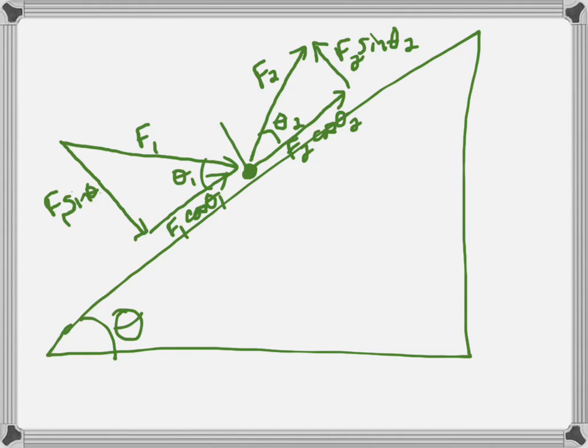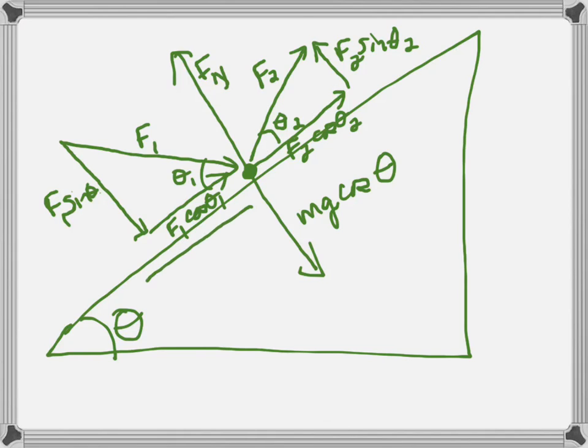We would also have the ever popular normal force. We would have a force going down into the incline, which would be mg cosine of theta. We would have a force going down this way, pretend that's on the dot, of mg sine of theta.